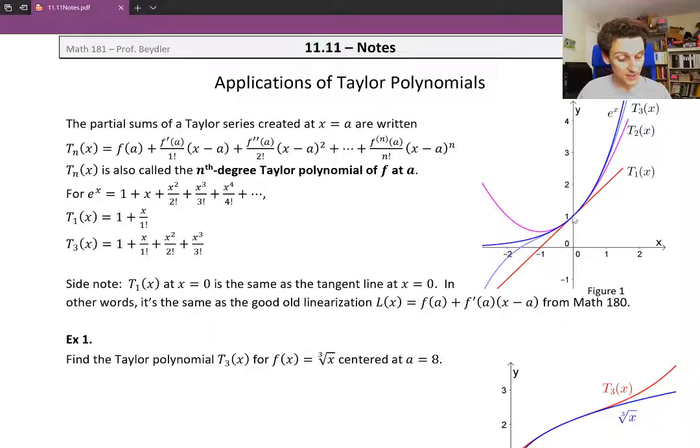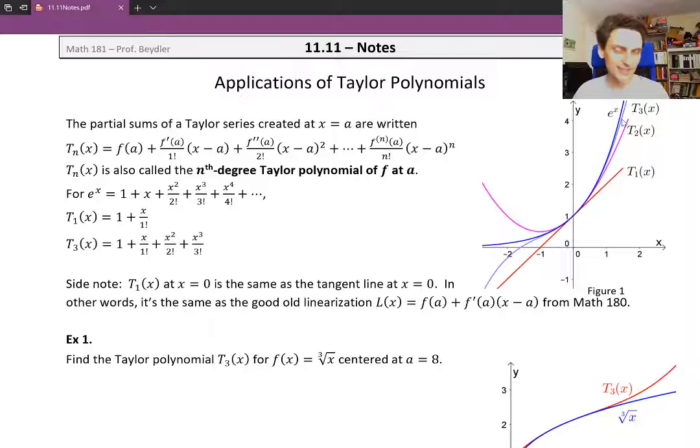So close to x equals 0, T1 is a pretty good approximation for e to the x. T2 is an even better approximation. If you were to stray farther from x equals 0, it would stay a good approximation even if you traveled a little bit farther from x equals 0. And T3, even better. You can see that it's mapping even closer to the e to the x function.